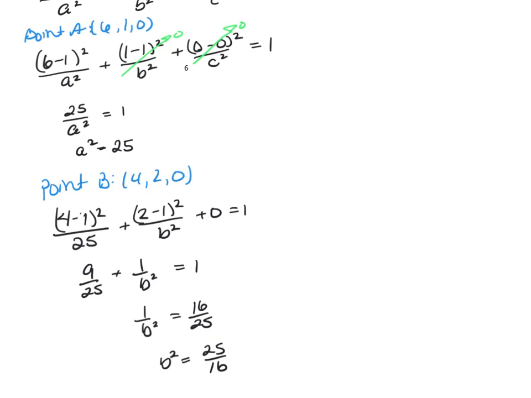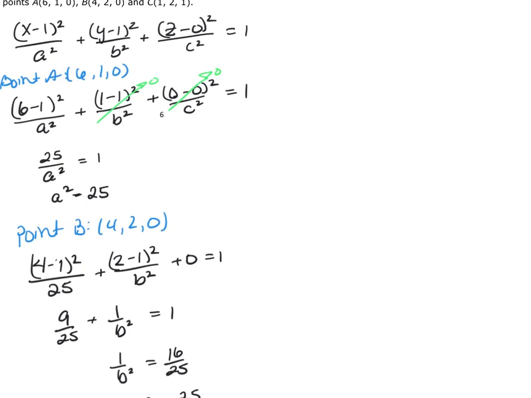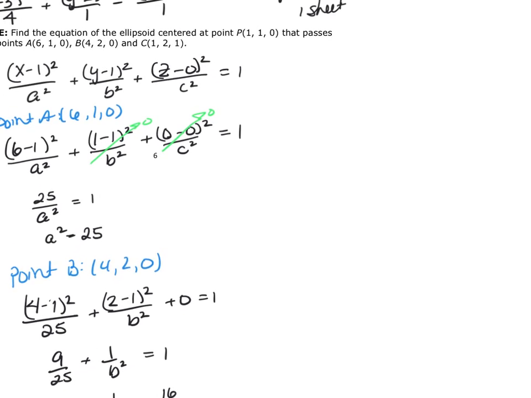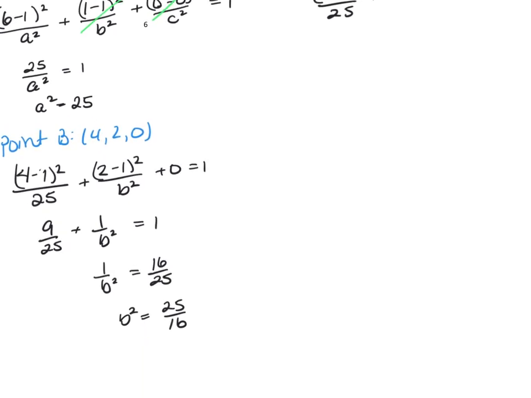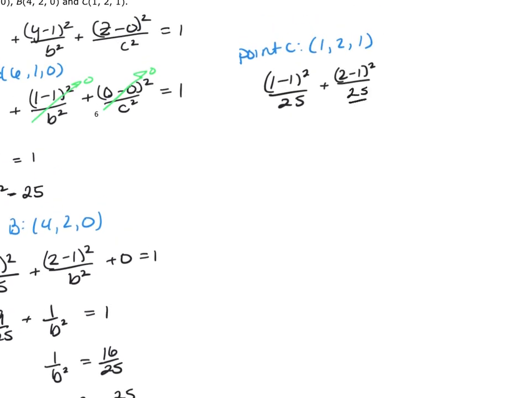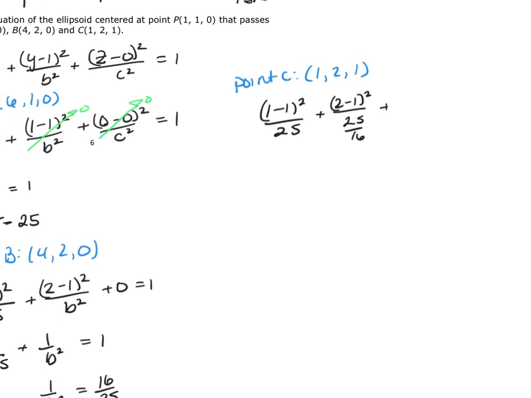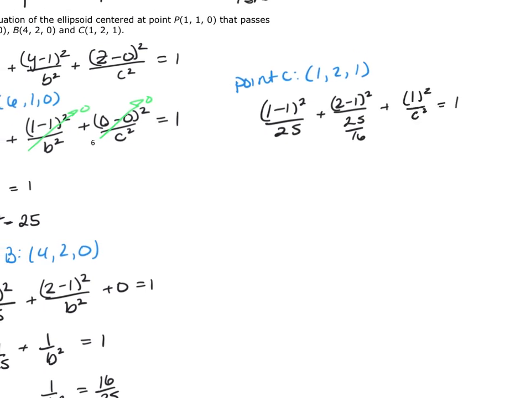Now we're going to use the point C to find my c value. My point C is 1, 2, and 1. So I have 1 minus 1 squared over 25 plus 2 minus 1 squared over 25 sixteenths, plus 1 squared over c squared is equal to 1.